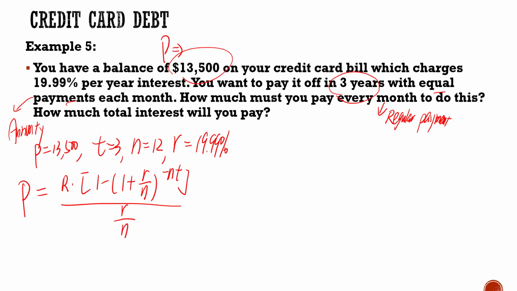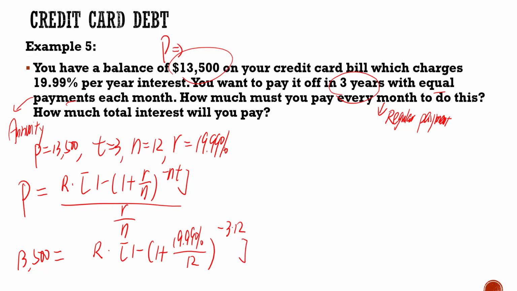Now throwing the numbers into this formula, we get 13,500 equals regular payment times 1 minus 1 plus 19.99% over 12 raised to negative 12 times 3, 3 times 12, same thing, and then dividing by 19.99% over 12. And as I mentioned from last time, we can make it a proportion.